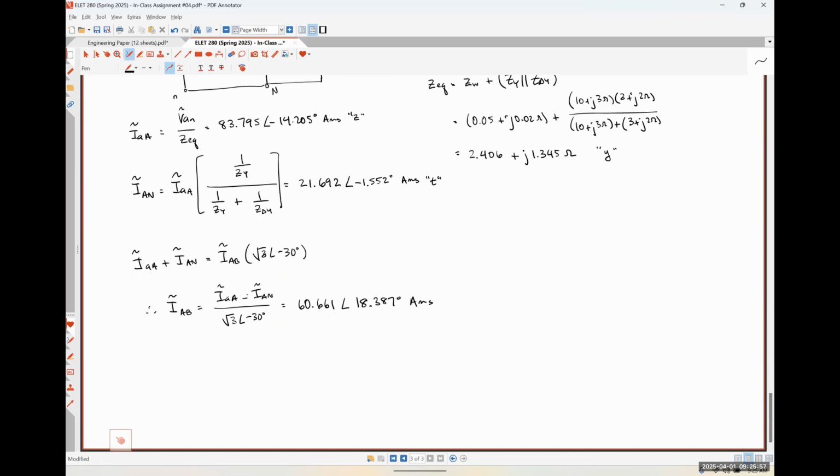So Z minus T over root 3 angle 30. And we get 36.2635. So let's call that 264 with an angle of negative 48.542, actually 543 degrees, amps RMS.